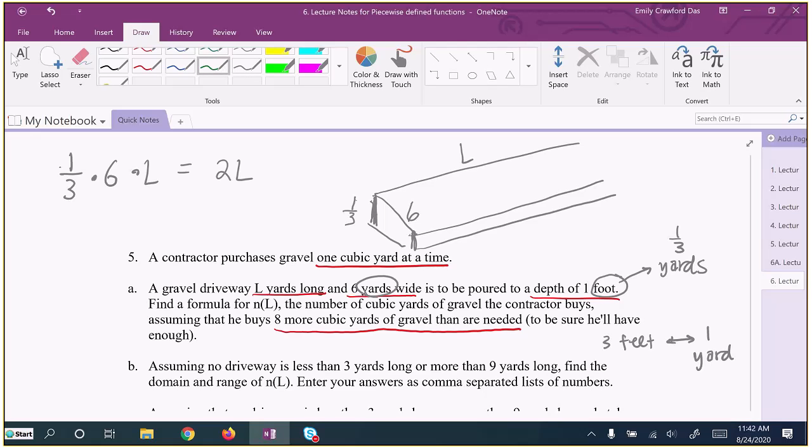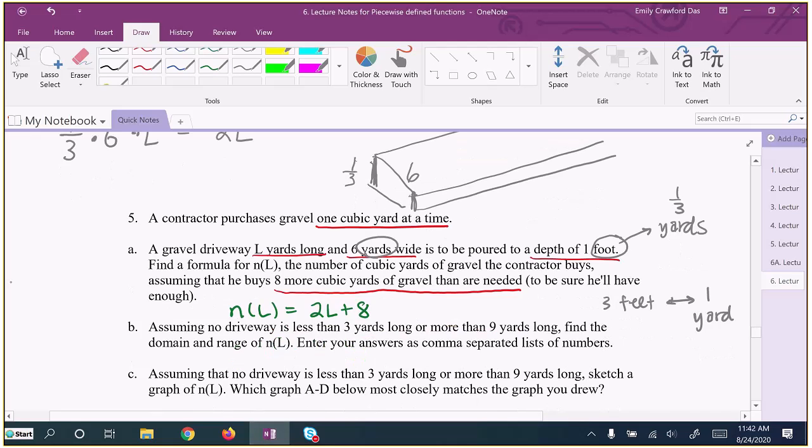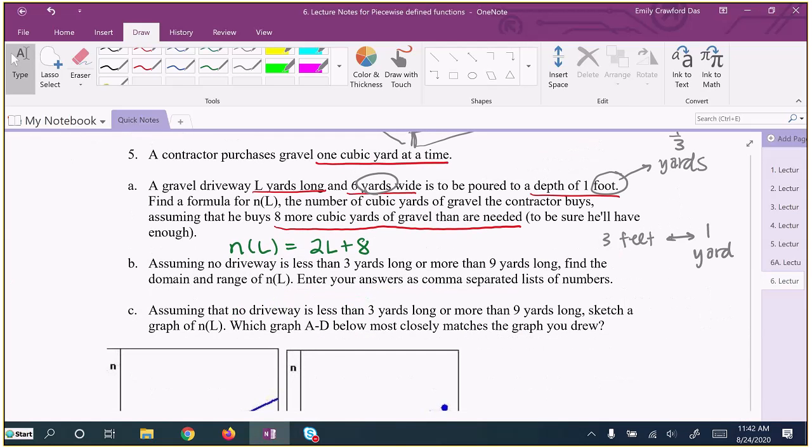I'm going to say our formula should be N of L is equal to 2L plus 8. That's fairly simple. Then it says, assuming that no driveway is less than 3 yards long or more than 9 yards long, find the domain and range of N of L. Enter your answers as comma-separated lists.